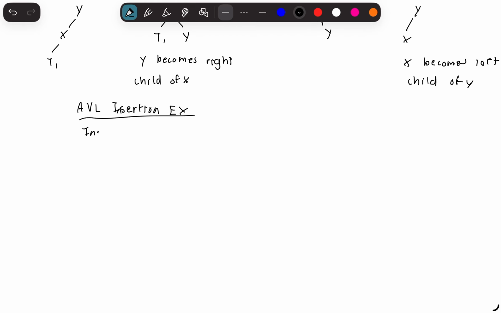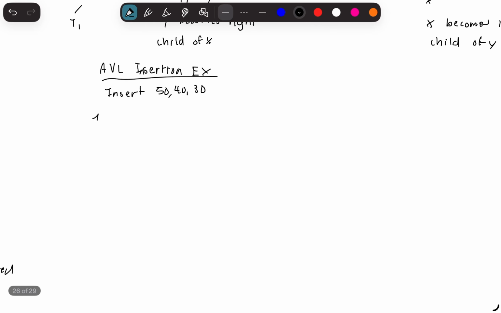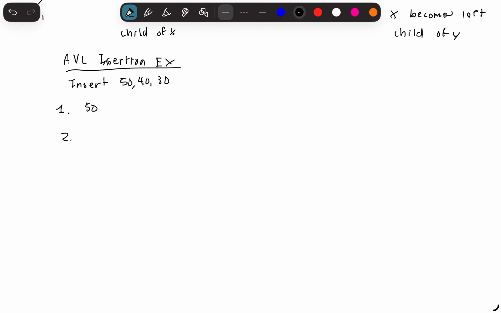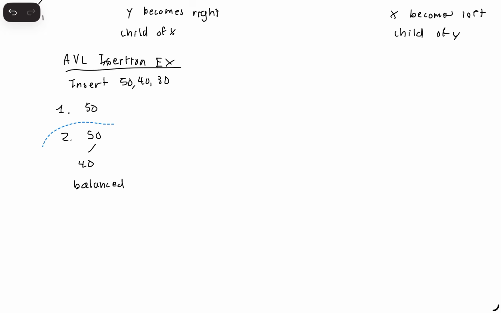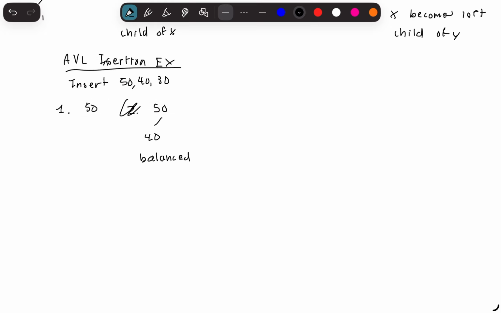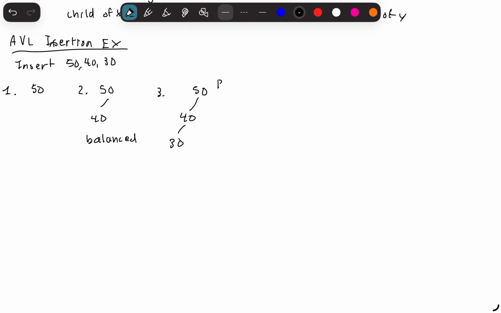So let's say we want to insert in this order 50, 40, 30. You're going to first have 50, and then secondly you're going to have 50, 40. We can see that this is balanced. So now after this we're going to have 50, 40, 30. Now the balance factor at 50 is equal to 2.